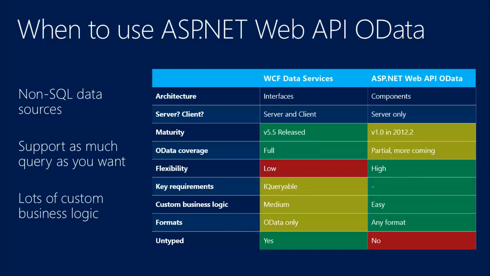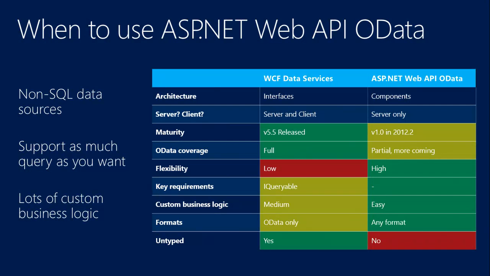In my case, I had some code that was hitting EF, but you could do whatever you wanted there. You could go to NHibernate. You could call a Web API. You could do whatever. Implementing support for custom data sources in Web API is significantly easier than it would be with WCF Data Services. You can do it with WCF Data Services. It means implementing providers and such, but they're a bit hard to do. It's easier with Web API.